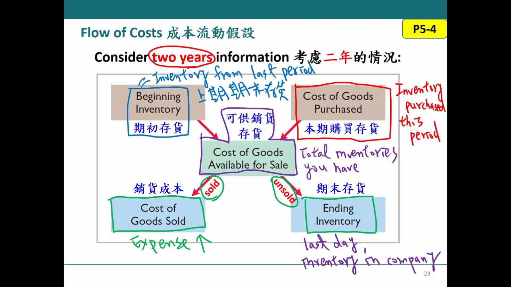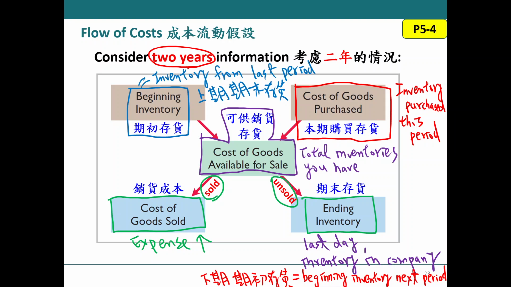Because this inventory unsold, we are going to sell it next year, okay? 下期期初存货. Okay, so common case is right here.